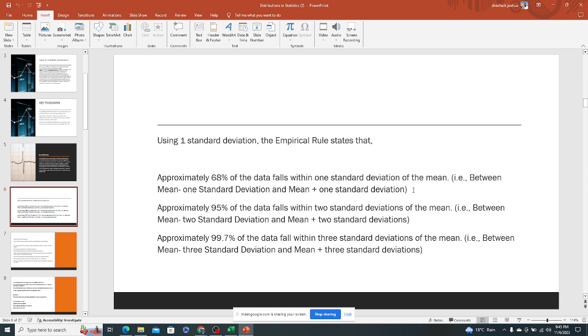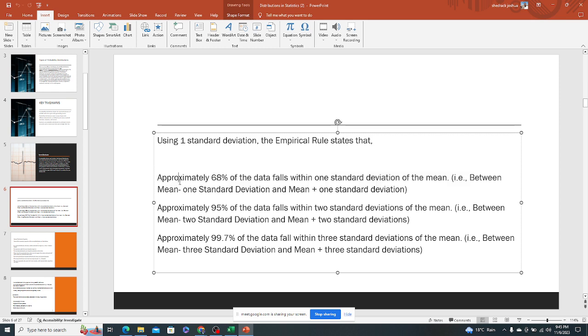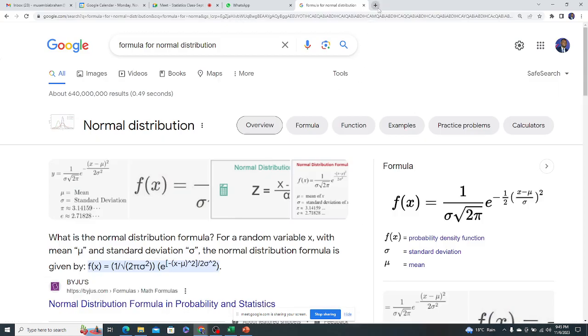This is just a theorem or a rule: 68% of your data should fall within one standard deviation of the mean. Maybe we can try and check what this means.